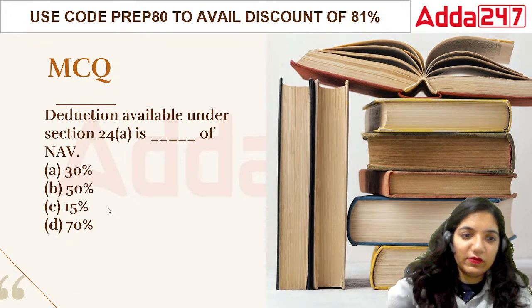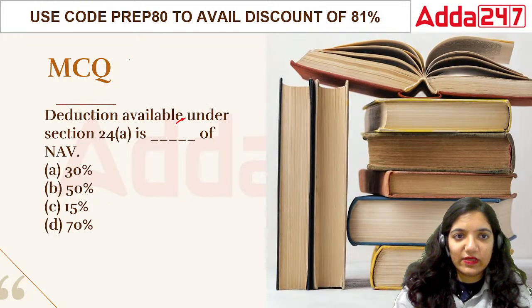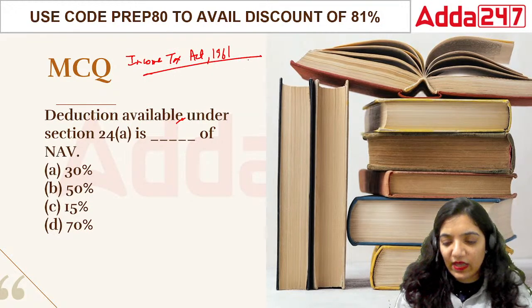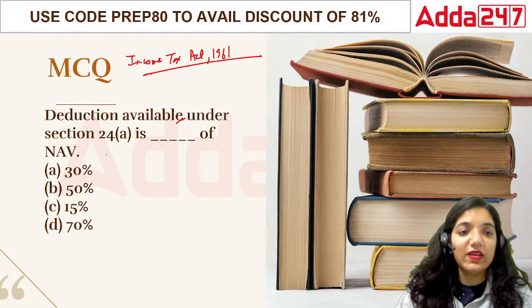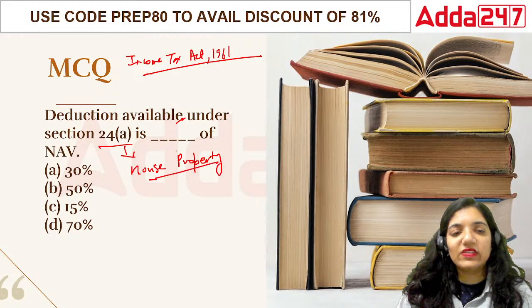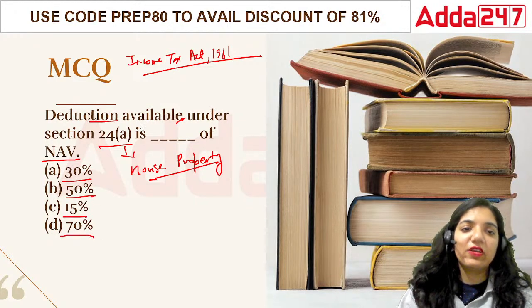Now this is as per Income Tax Act 1961, and section 24A is for house property. The deduction is dash of NAV: 30%, 50%, 15%, or 70%. Deduction available under section 24A is 30%.